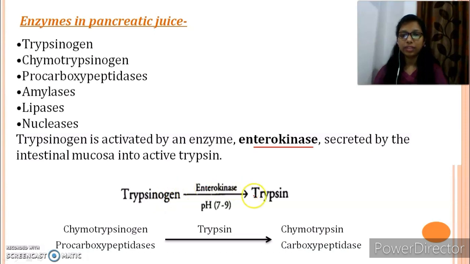It converts into its active form, which is trypsin, and in this conversion the enzyme enterokinase helps, which is secreted by intestinal mucosa. Okay, now the trypsin will activate other inactive enzymes. It will activate chymotrypsinogen into chymotrypsin and also procarboxypeptidase into carboxypeptidase.